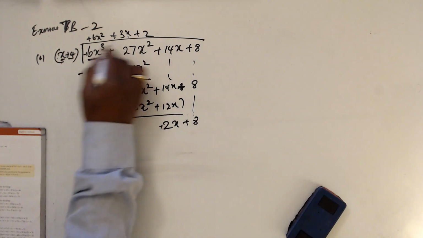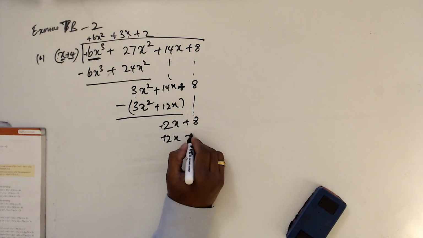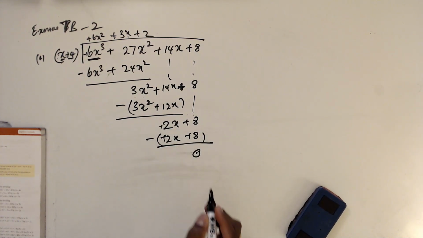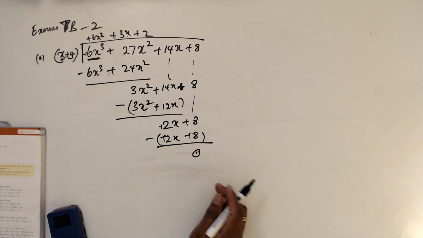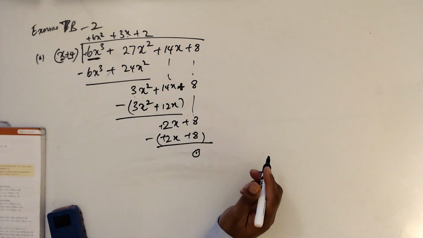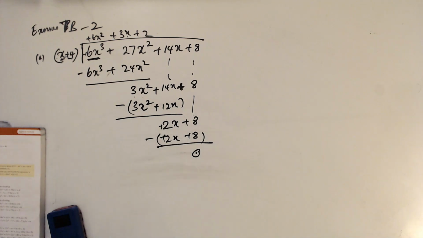Then plus 2 times x is plus 2x, plus 2 times plus 4 is plus 8. So then minus, 0. Now what can you tell about x plus 4? X plus 4 is a factor of this one, 6x cubed plus 27x square plus 14x plus 8.